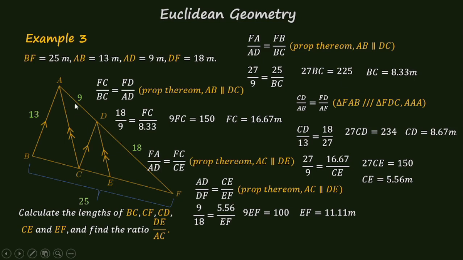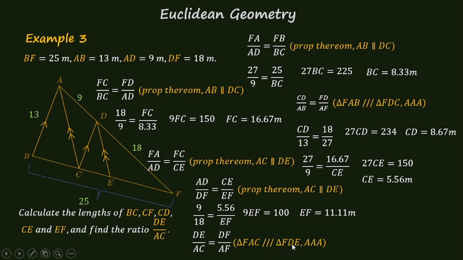That angle over there will be equal to that angle. This angle will be equal to this, and F will be common. Therefore, the two triangles will be similar to each other because they are equiangular. At the end of the day, you have triangle FAC similar to triangle FDE because they are equiangular. Then we can now express their sides as ratios.